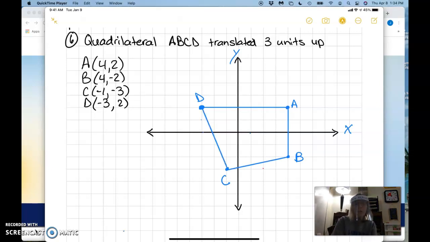Okay, and you can see this is not a rectangle. That's why they called it a quadrilateral. It doesn't have even sides.